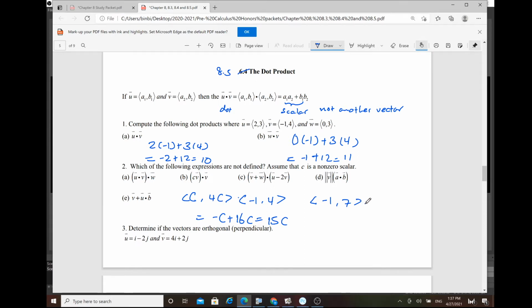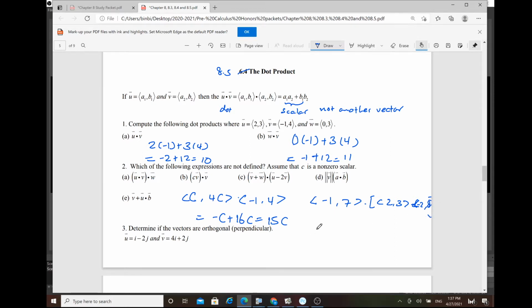Then dot u minus 2 times vector v: u is (2, 3) minus 2 times v, which is (-2, 8).